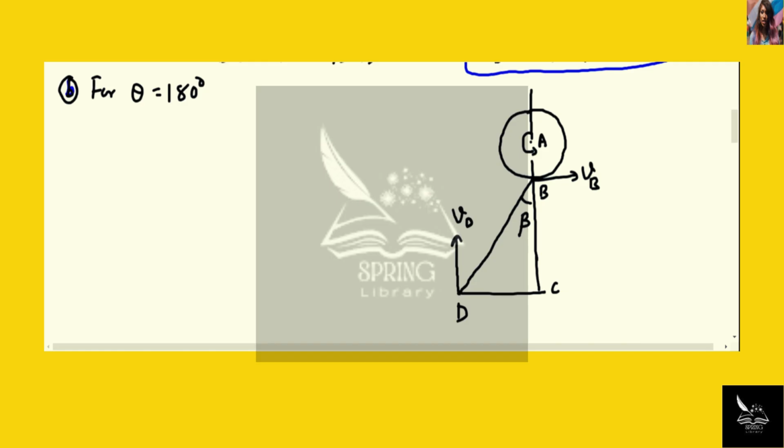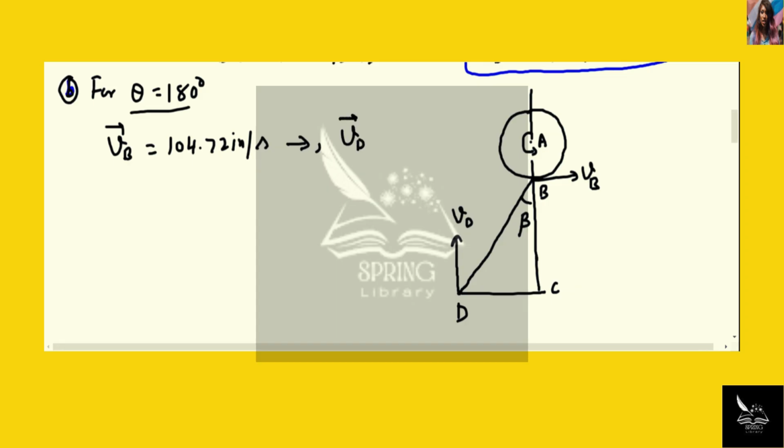From here, you may write the velocity of B is 104.72. Already we have calculated it in part A. Only the direction has changed.